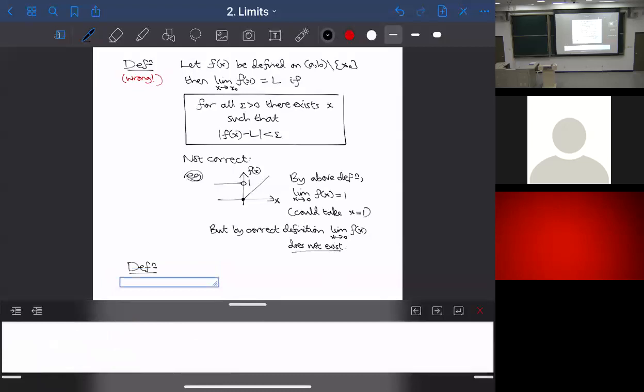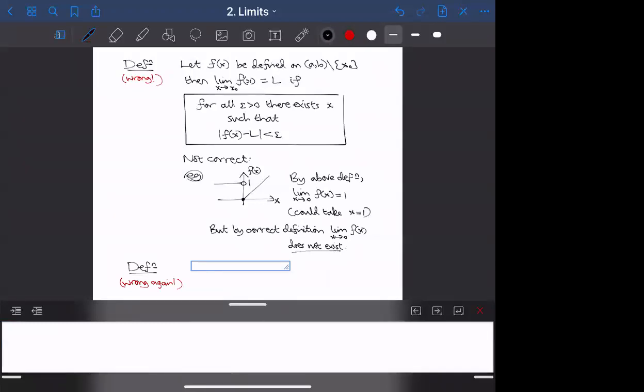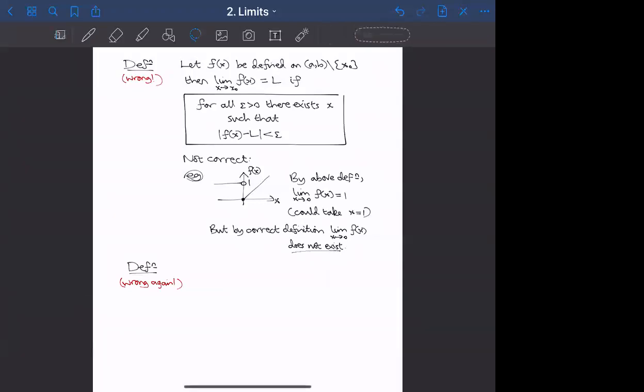So here's another definition, which is wrong again, although this one is closer to being right. So we have to be careful. So let's take the same start.